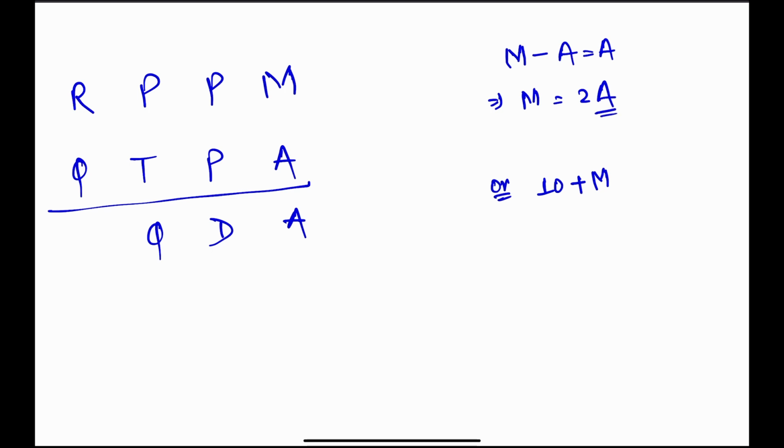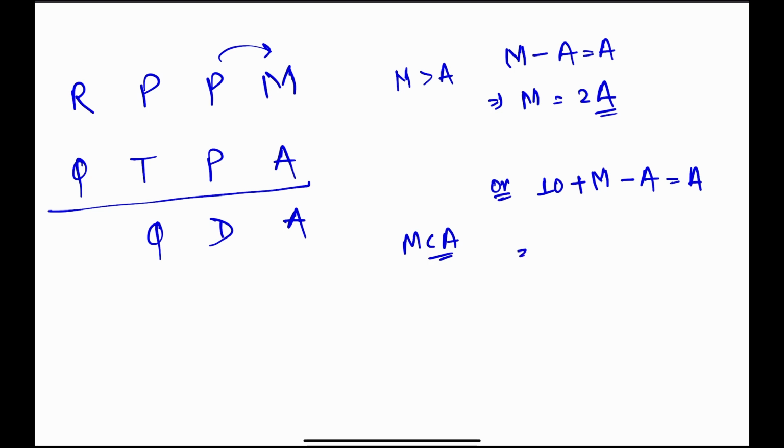So when is this case happening? When M is greater than A. And when M is less than A, M will take one carry over here, so one carry will become 10 minus A equal to A.